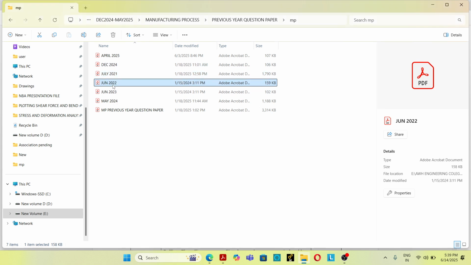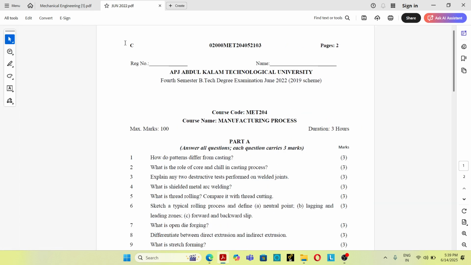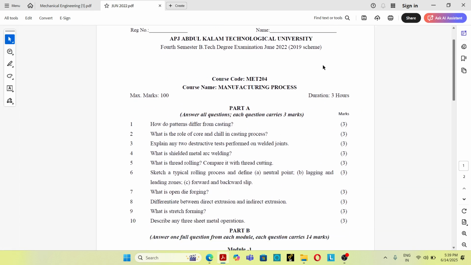June 2022. Explain any 2 destructive tests performed on welded joints. What is shielded metal arc welding? SMAW welding process.